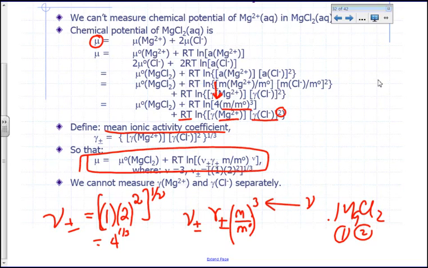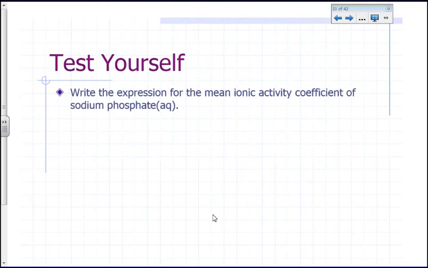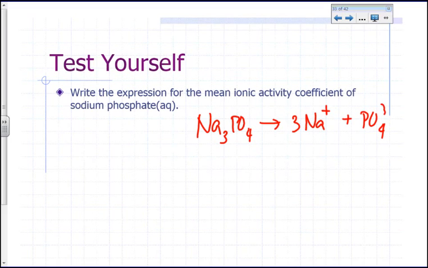Let's illustrate that with another example. Let's look at what would be the expression for the mean ionic activity coefficient for sodium phosphate. Sodium phosphate is Na3PO4, so it's going to give you 3 sodium ions and a phosphate ion in water. So nu is equal to 4, there's 3 here and there's 1 there.